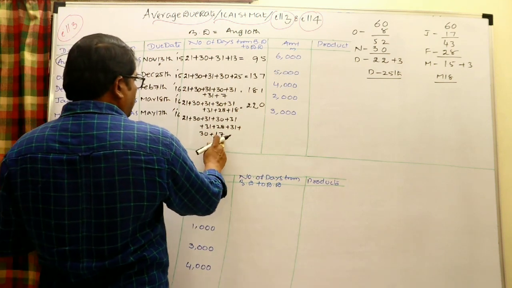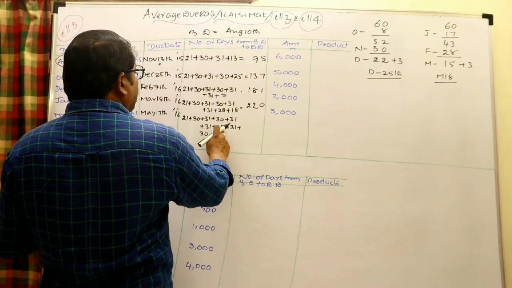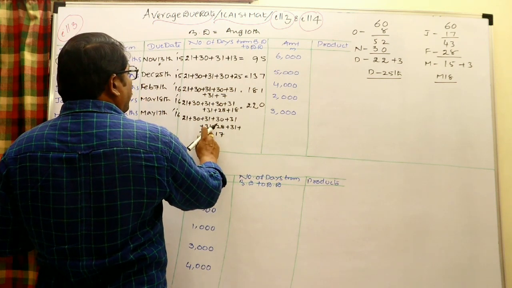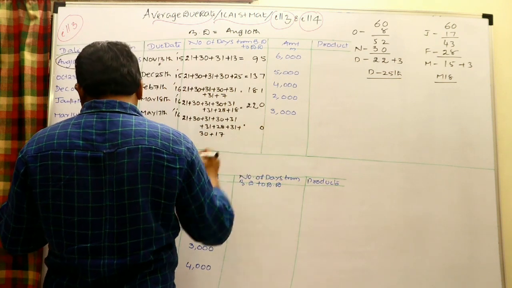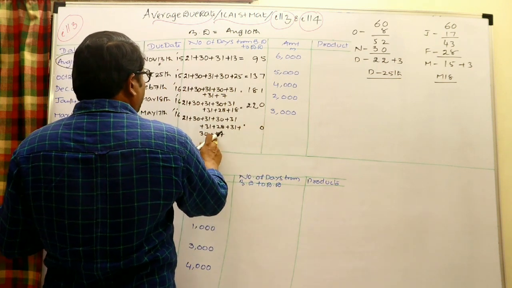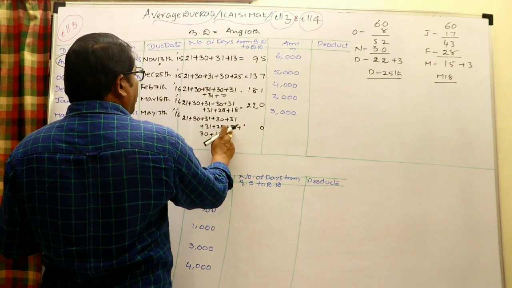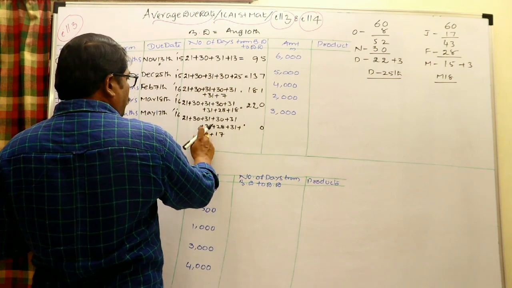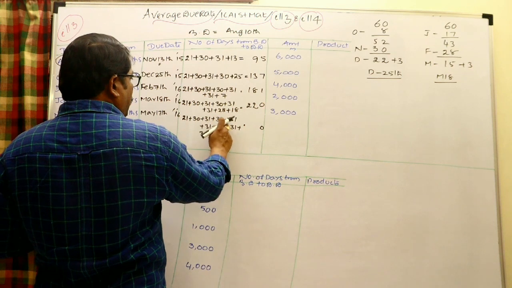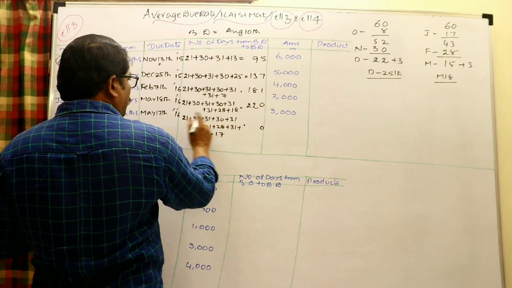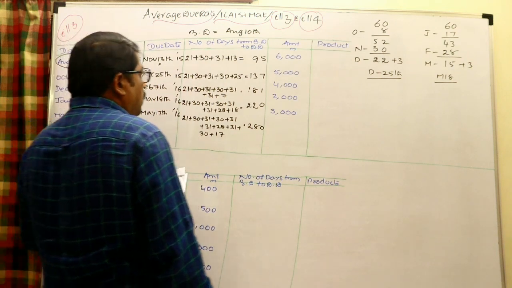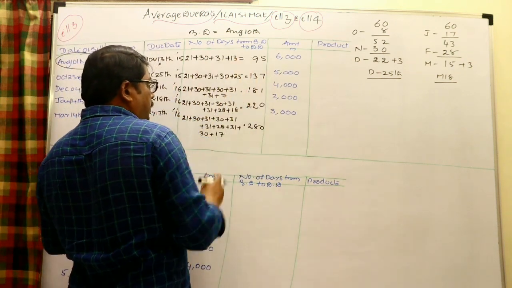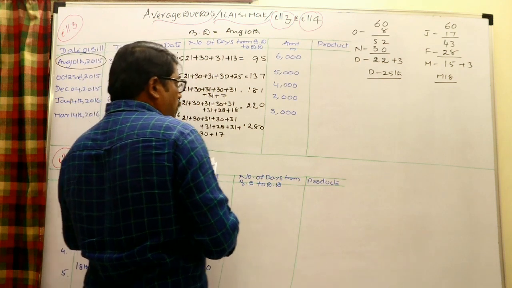That makes 280 days. Number of days 280. Let us multiply the amount with the number of days, and you will get the product.